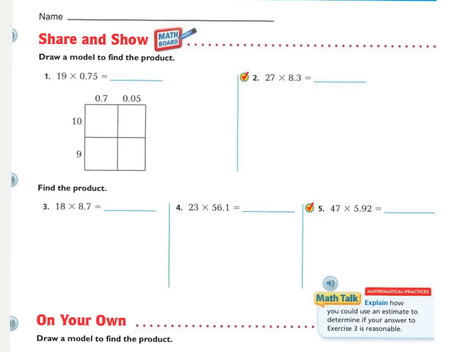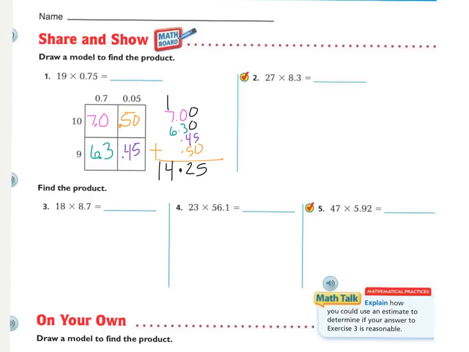On your share and shows 1 and 2, they want you to use the model, so for number 2 you need to draw a square, and then 3, 4, and 5 you may use whichever method you would like. Press pause and work. So on number 1, you should have ended up with 14 and 25 hundredths, finding each square and then adding them together.